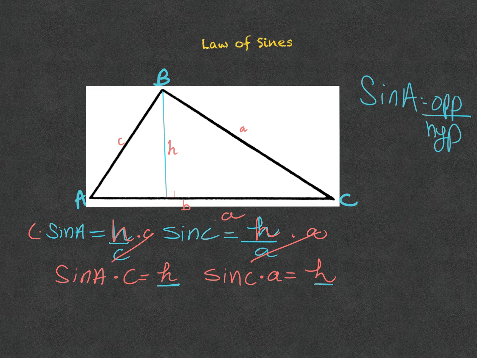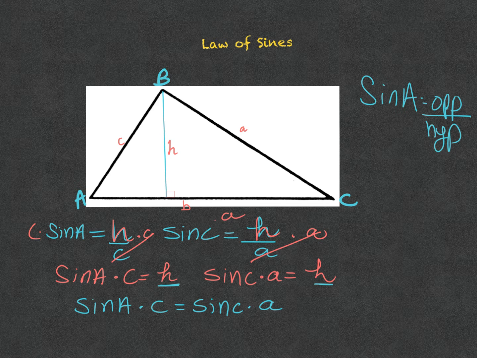Therefore, if sine of A times C equals H and sine of C times A equals H, I can conclude that sine of A times C is equal to sine of C times A. And we talked about that in our unit about the substitution method, when you are trying to solve two equations as one. Okay, so this equation right now does not really help us get anywhere. But check this out.